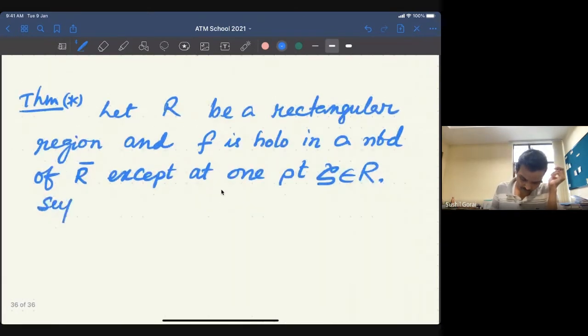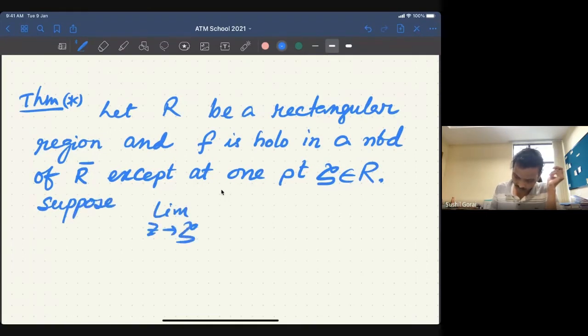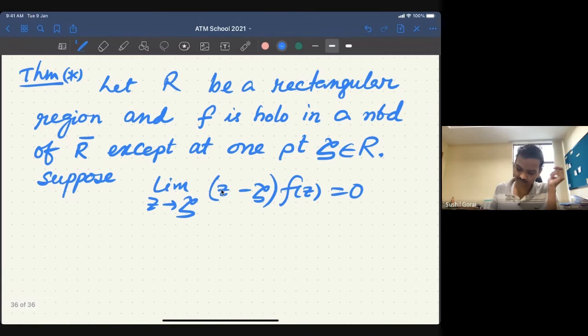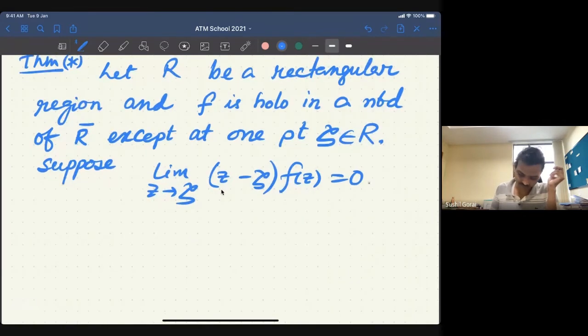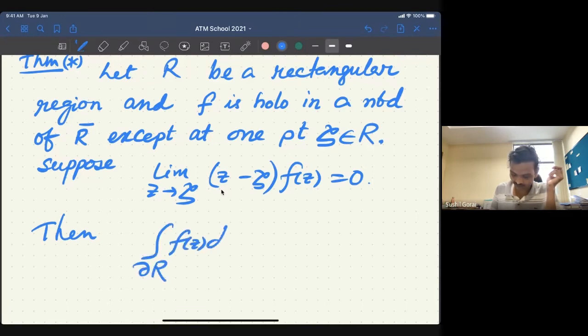Suppose the limit as z tends to zeta of (z minus zeta) f(z) is 0. Then the integral over the boundary of R of f(z) dz is 0.